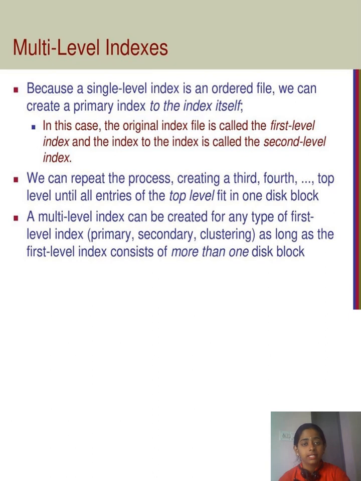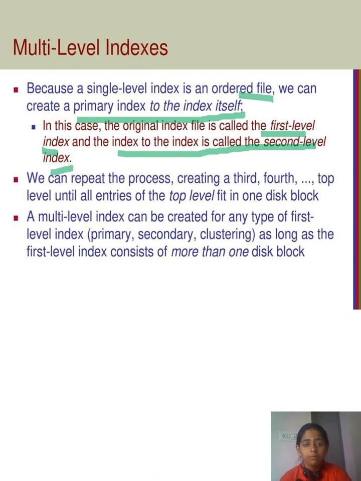Moving on to the next slide, we have multi-level indexes. Because a single level index is an ordered file, we can create a primary index to the index itself. In this case, the original index file is called the first level index, and the index to the index is called the second level index.